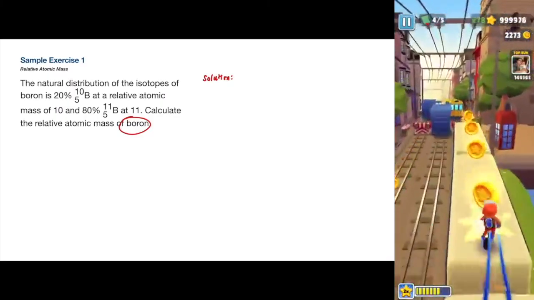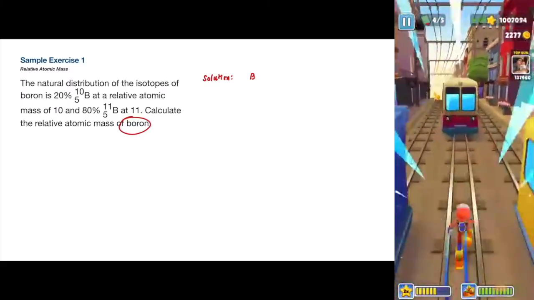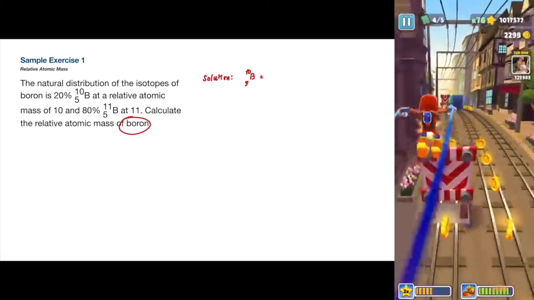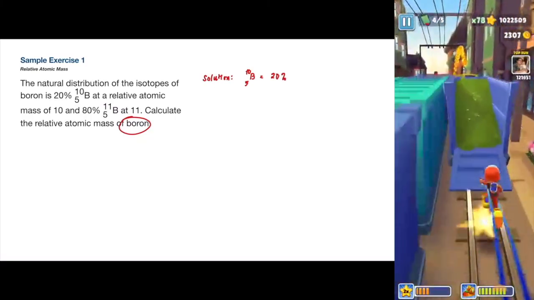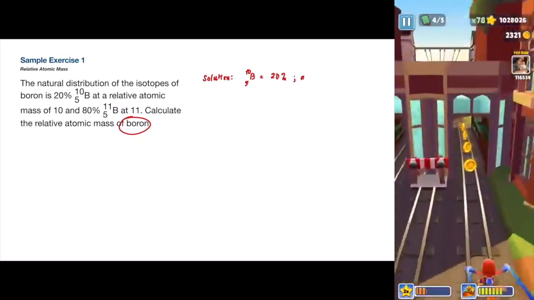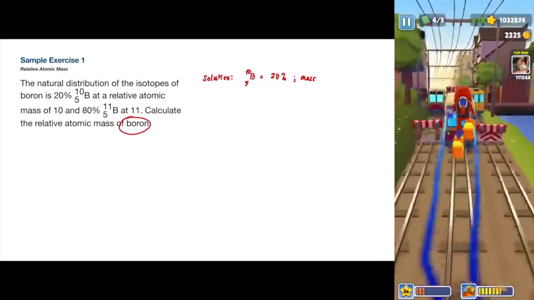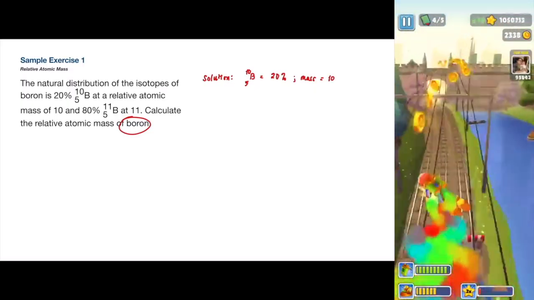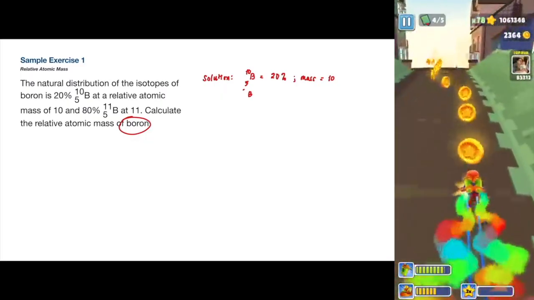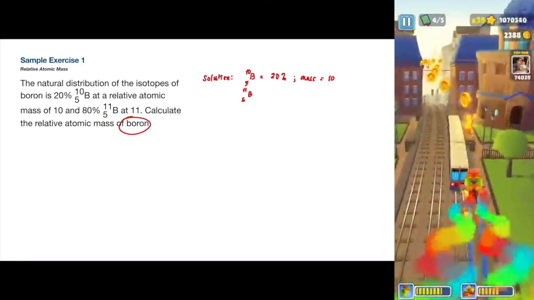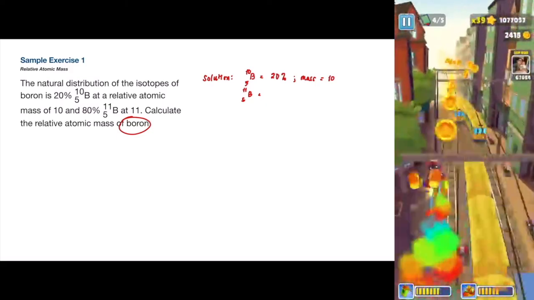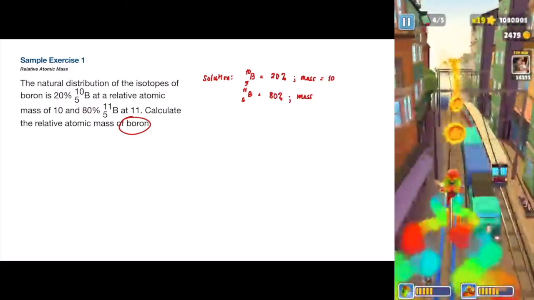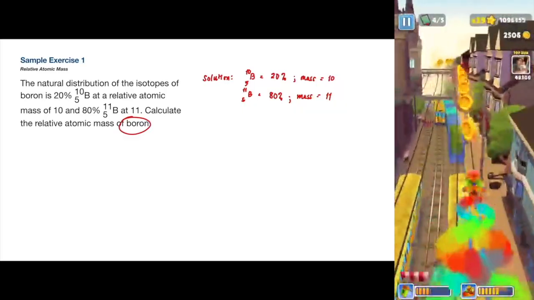The first isotope, which is B-10, has a percentage abundance of 20% and the relative mass is equal to 10. On the other hand, the second isotope, which is B-11, has a relative abundance of 80% and its mass is at 11.